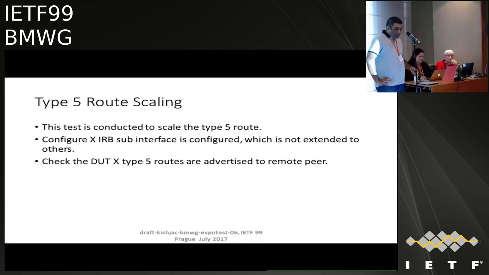So this is where we are testing what is the scale of type 5 routes a particular DUT can support. This is one of the new asks from the previous IETF. So we added that you scale the DUT to X number, and whether it is able to sustain that. That is the parameter which we added as an extra.